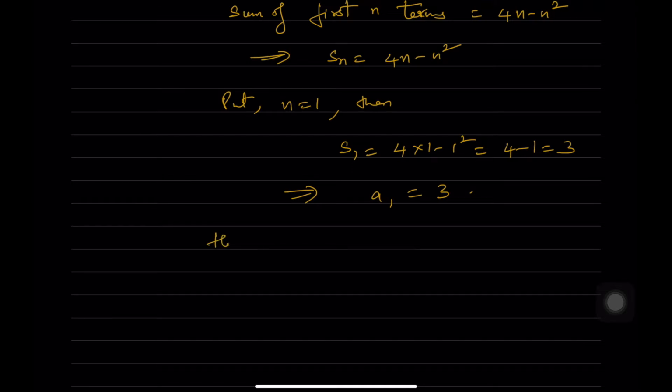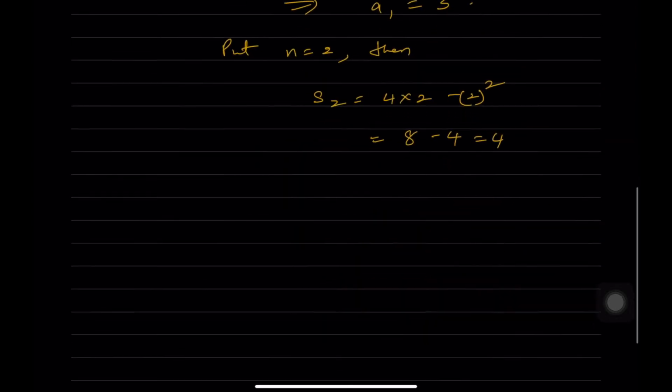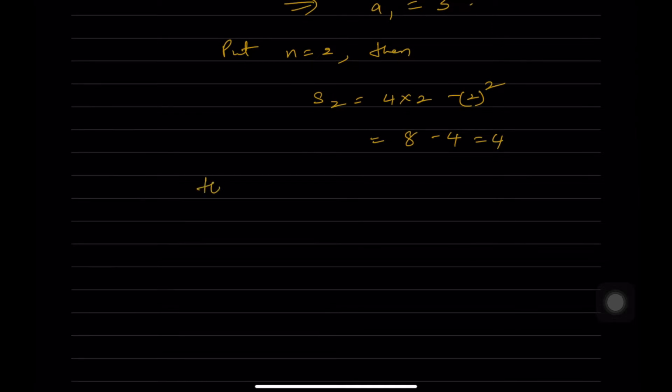Okay, now put n is equal to 2, then S2 is equal to 4 into 2 minus 2 square, which is equal to 8 minus 4, which is equal to 4. So hence the sum of two terms is 4.